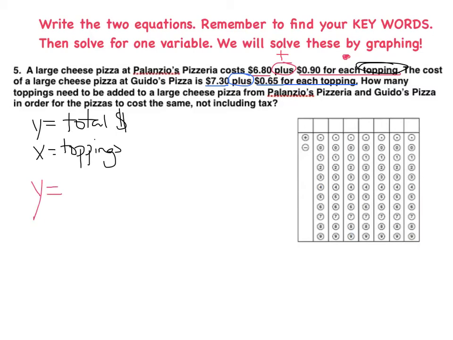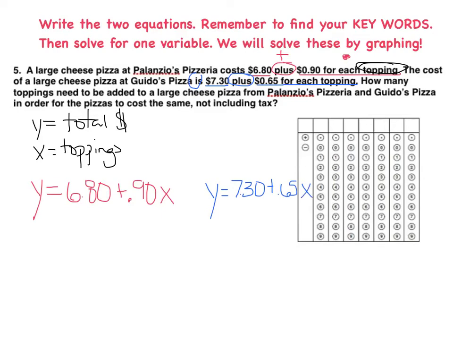The total equals, so it says the cost is $6.80 plus 90 cents for each, and I know each means to multiply, each topping, which is x. Now, Guido's Pizza, the second equation, is going to be y equals, so his total cost is $7.30 plus 65 cents for each topping.